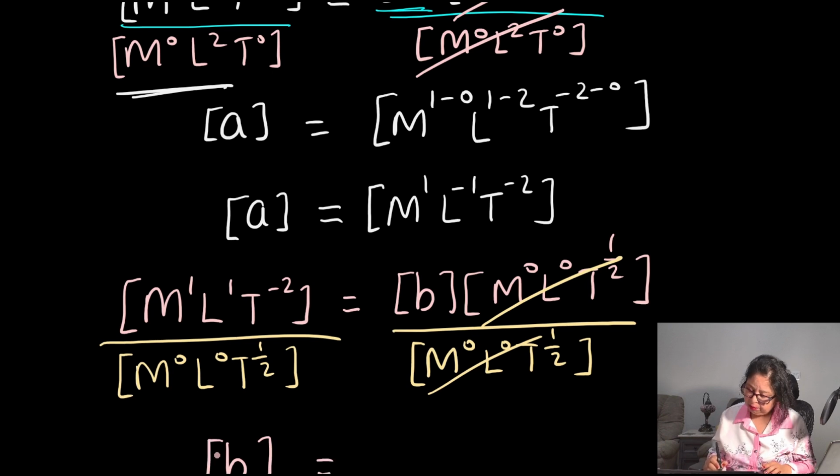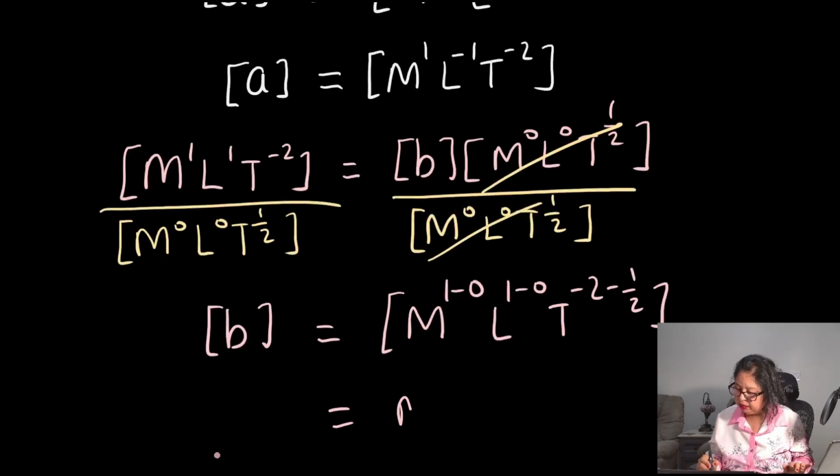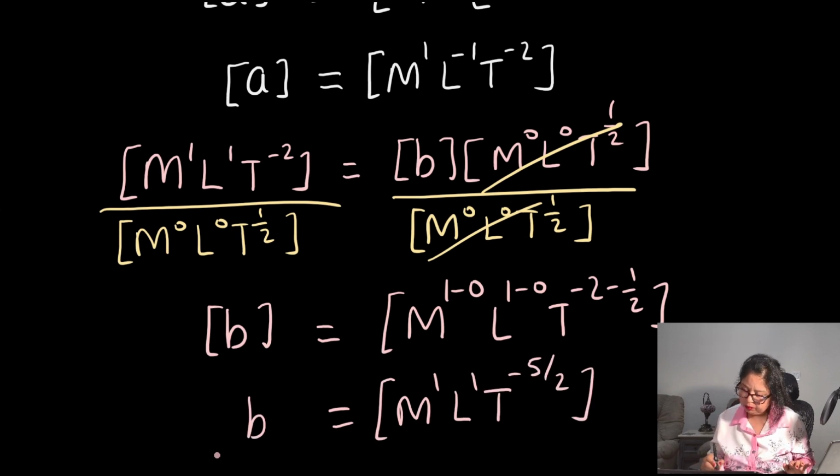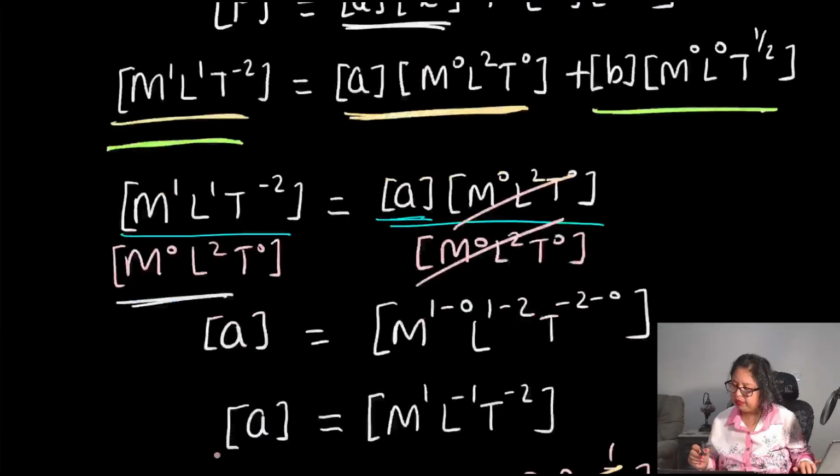That gives me B equals M to the power 1 minus 0, L to the power 1 minus 0, T to the power minus 2 minus 1/2. That gives me M to the power 1, L to the power 1, T to the power minus 5/2. That is B. What are we asked to find? We're asked to find the dimensions of B squared over A.